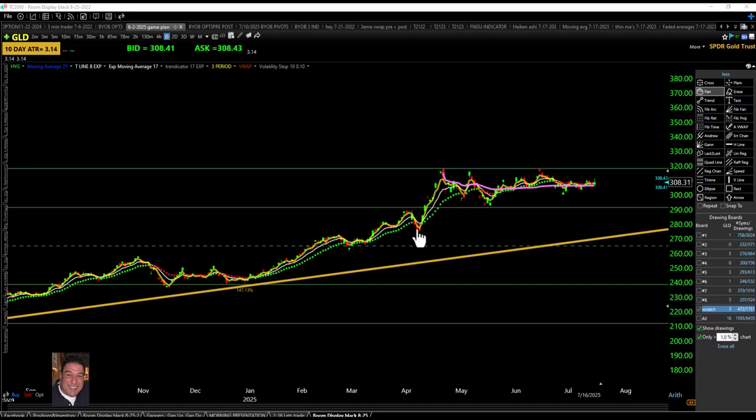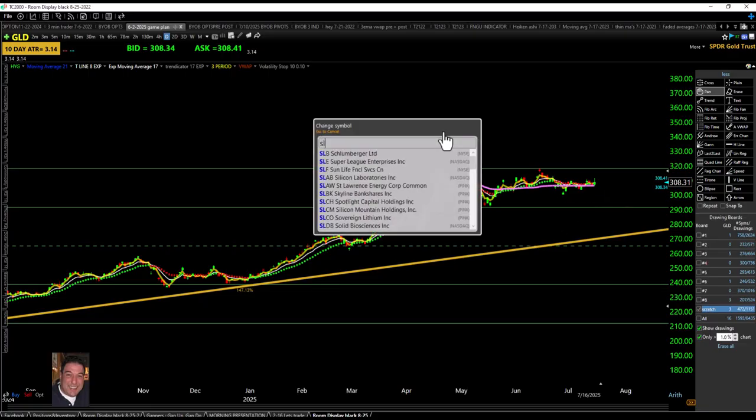There's a higher low right there than these lows right there. All right, and then we got some higher highs. Here's a high, there's a high. Okay, and we got some higher highs up here. So we're in an uptrend up at the top of quadrant 4. That's bullish. Let's take a look at SLV.